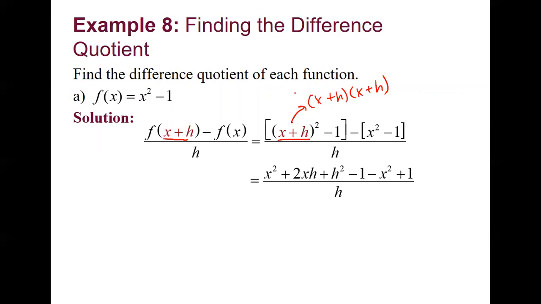After you multiply through, you're going to combine like terms. So I have a positive x squared and a negative x squared. I have a -1 and a +1. Those combine and are eliminated, right? Because they become 0. So I simplify and I'm left with 2xh plus h squared. Can I simplify some more?